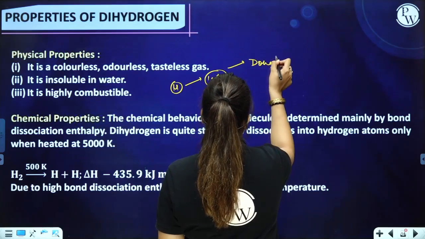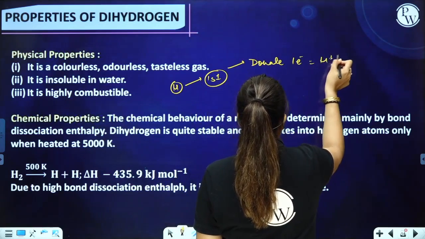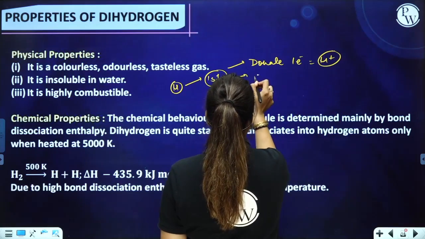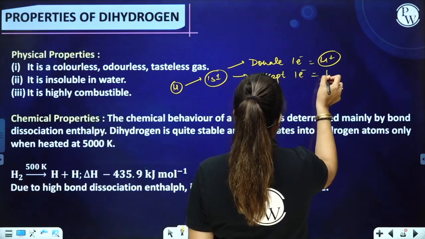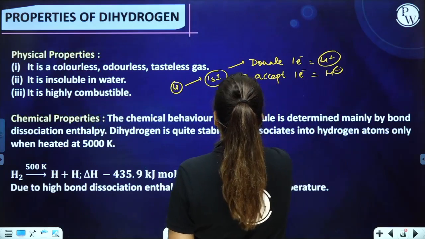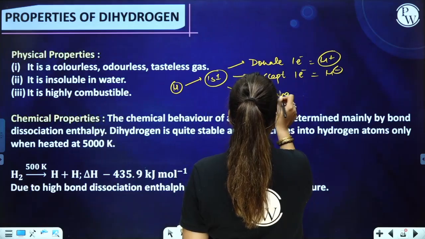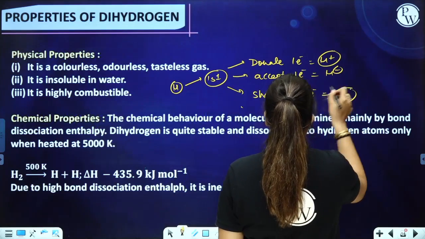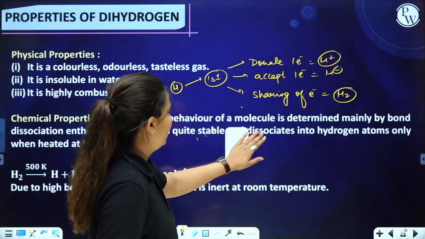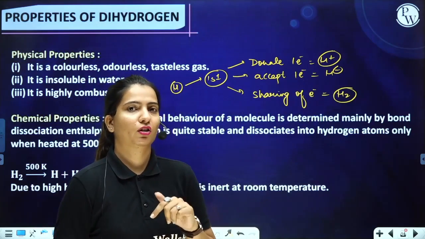It can donate its one electron to form H positive, accept one electron to form H negative, and undergo sharing of electron to form H2.